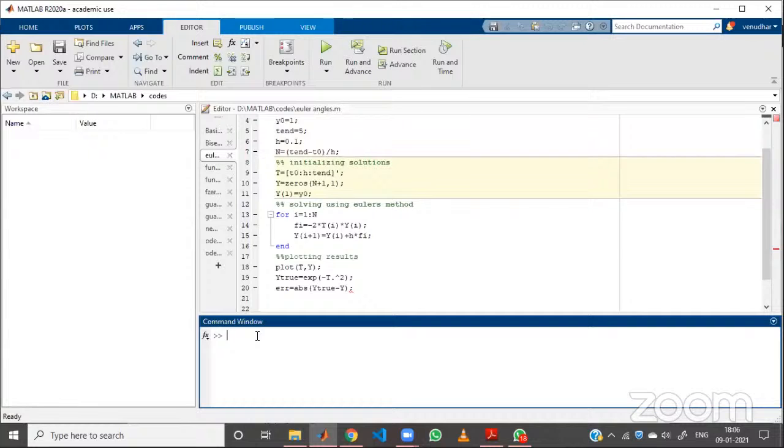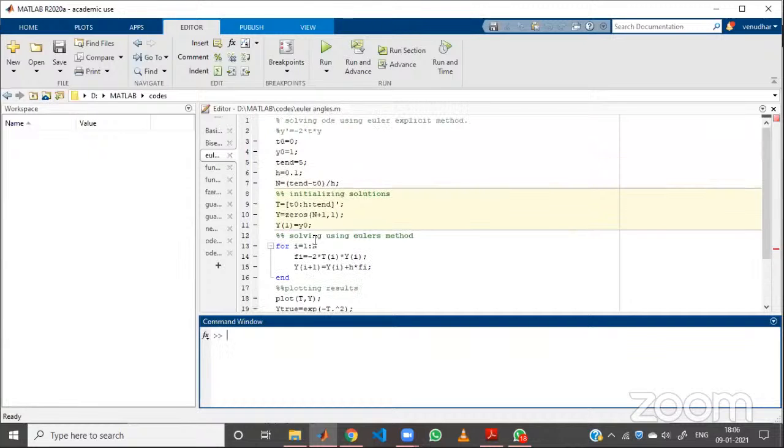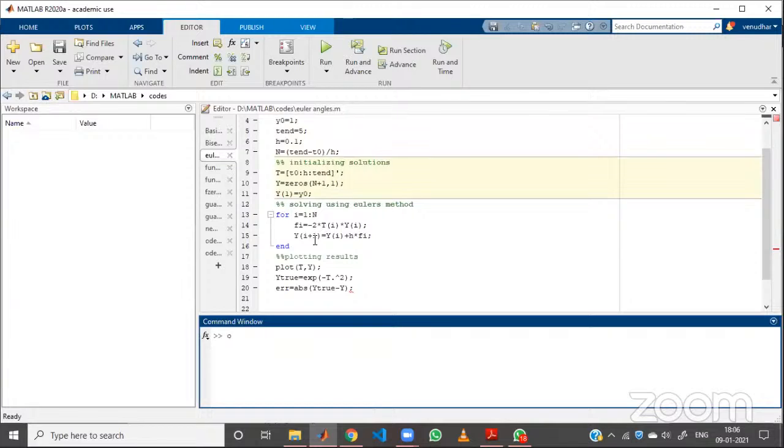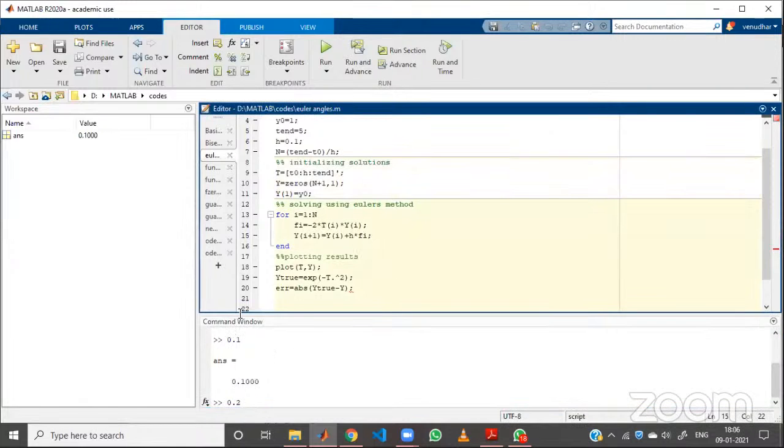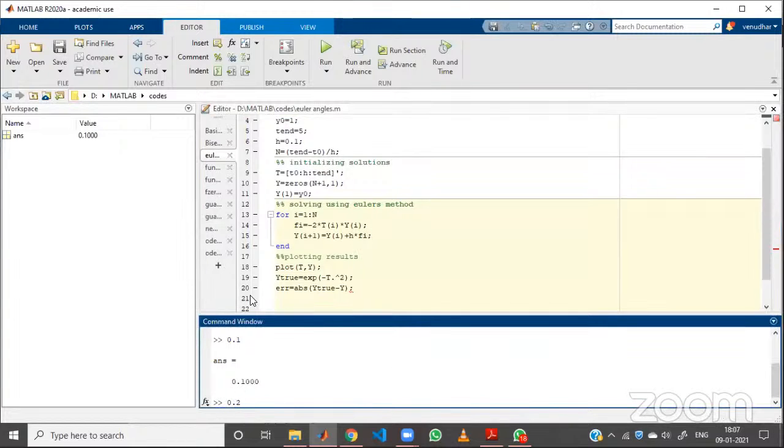The value of t0 is 0, so it will give 0, then 0.1, then 0.2, and like this it will give its values. So we are inputting every value of t to get the corresponding value of y i plus 1.